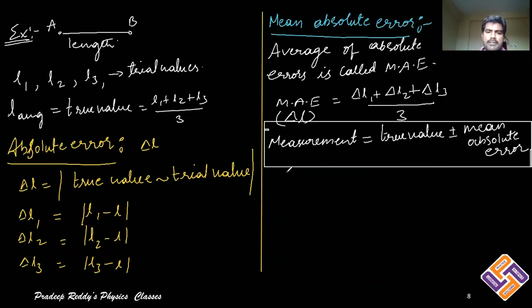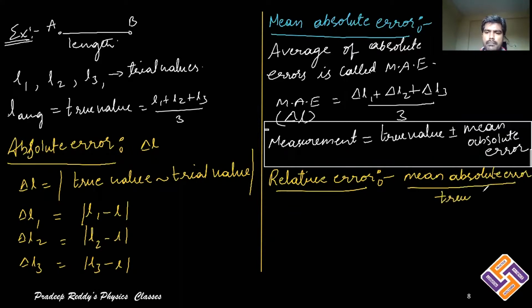And the other definition is relative error. Relative error is equal to mean absolute error by true value. So what is mean absolute error? Delta L. What is true value? L. Delta L by L is called relative error.